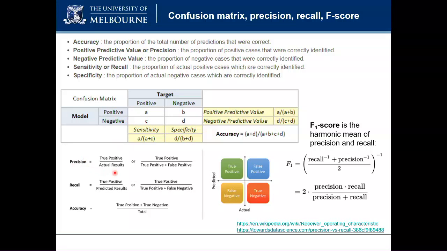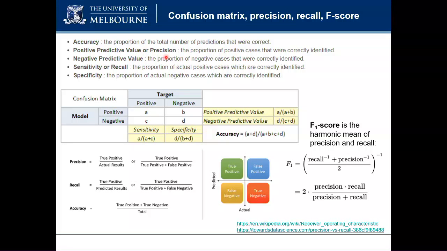But precision is actually A over A plus B. That's the positive predictive value. That's called precision, or positive predictive value, the proportion of positive cases that are correctly identified. This is really a nice summary of definitions. And then negative predictive value, people usually don't care that much about identifying the negative cases, they mostly focus on the positive cases.